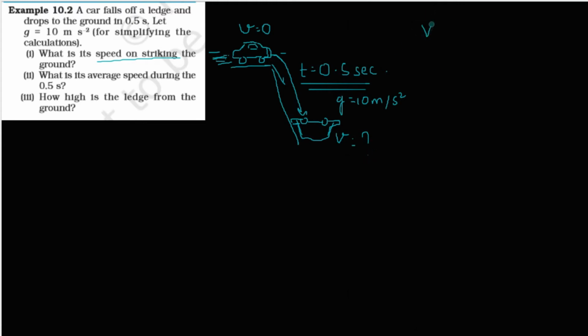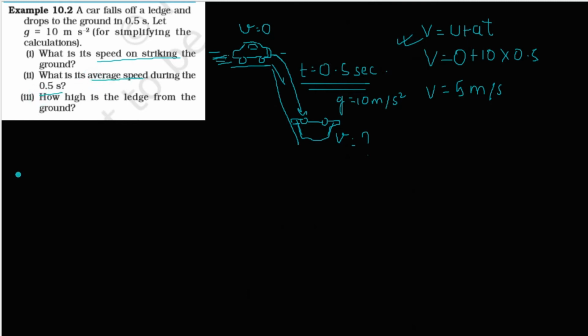So let's just see the formula, v is equal to u plus a t. Now v is equal to 0 plus 10 into 0.5. v is equal to 5 meter per second. That's your answer.